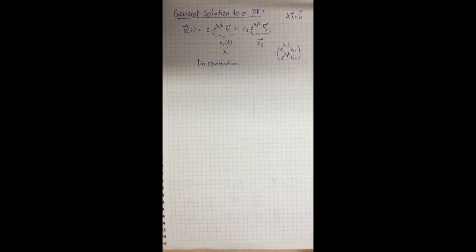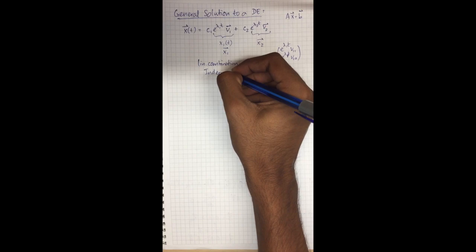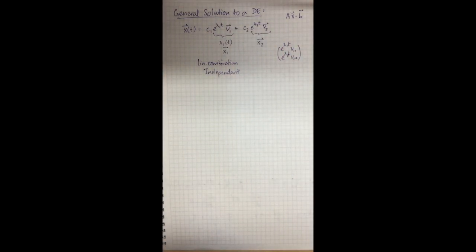Another thing we have learned about linear combinations is that they should all be independent. It's very important that they're independent, because if they're dependent, then they can't be two different eigenvectors, because eigenvectors are defined in such a way that they are independent. I gave you an example in one of the previous videos, where v1 and v2 differ just by multiplying by -1.